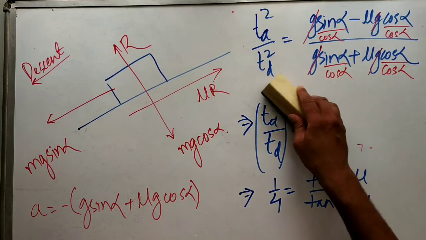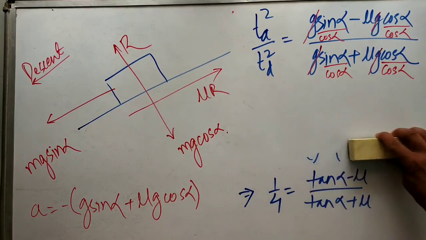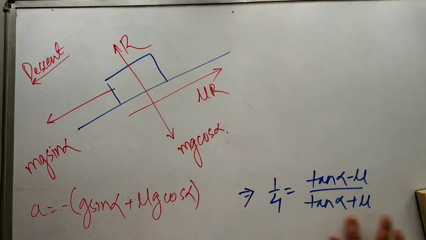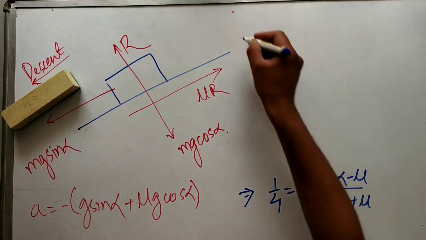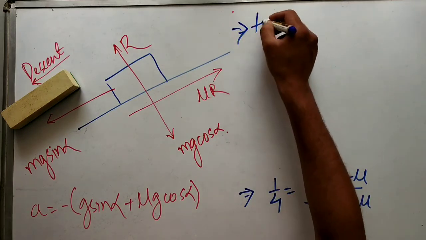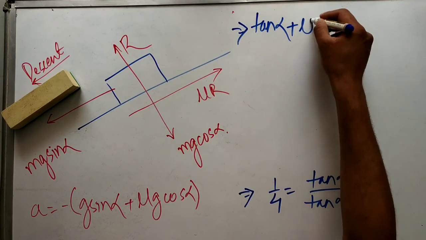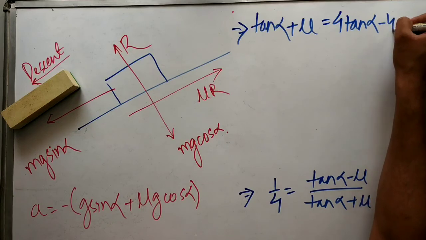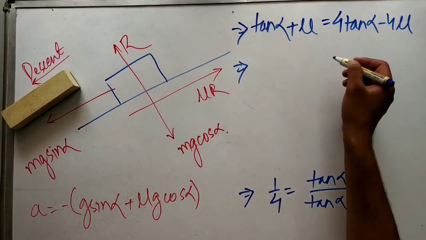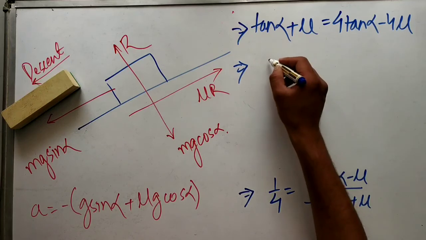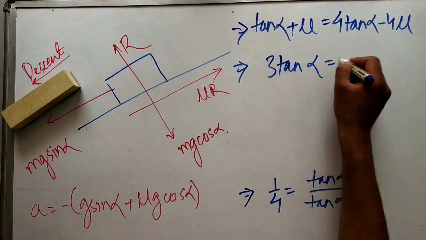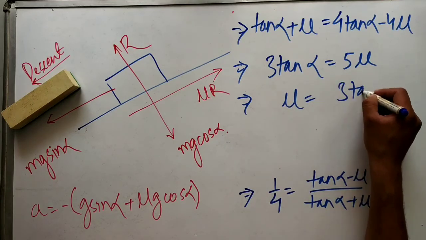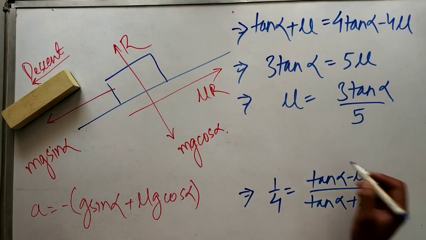Okay, so all we need to do is solve this for mu. Solving this for mu, we will cross multiply. Tan alpha plus mu equals 4 tan alpha minus 4 mu, which gives us 3 tan alpha equals 5 mu, which gives us mu equal to 3 tan alpha divided by 5.